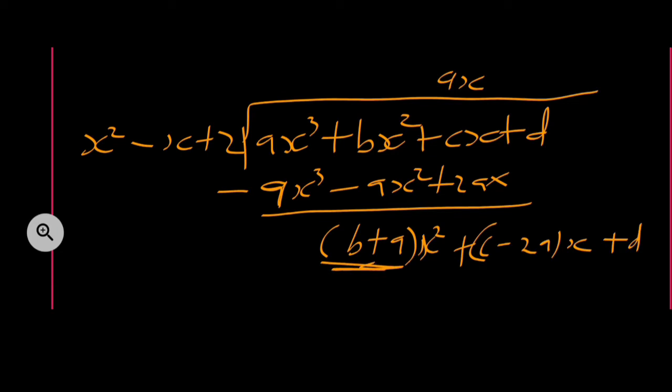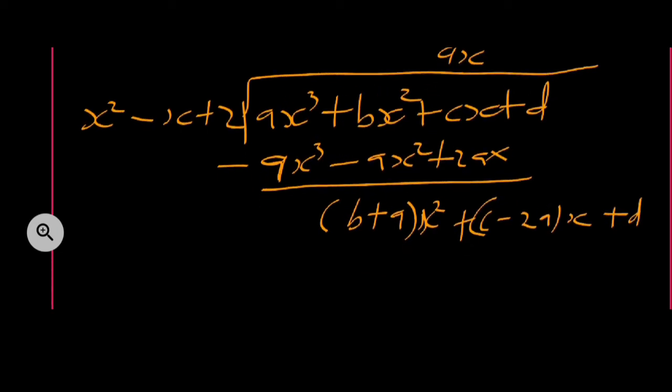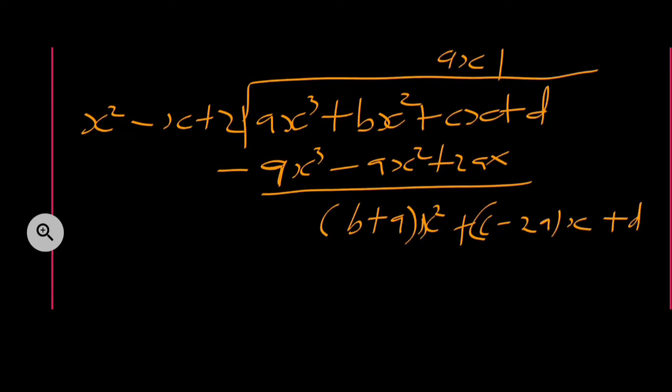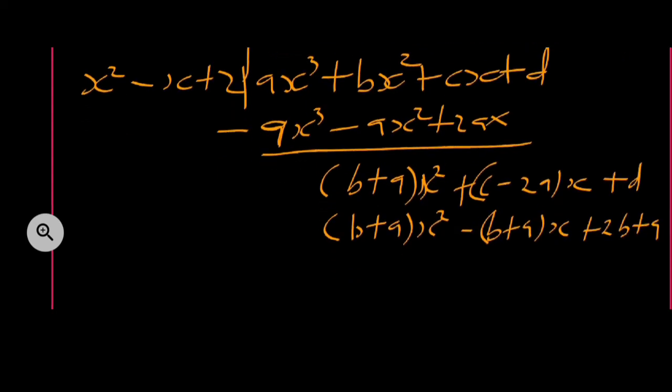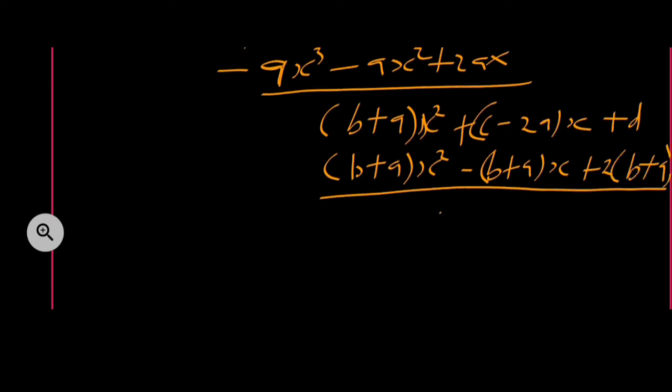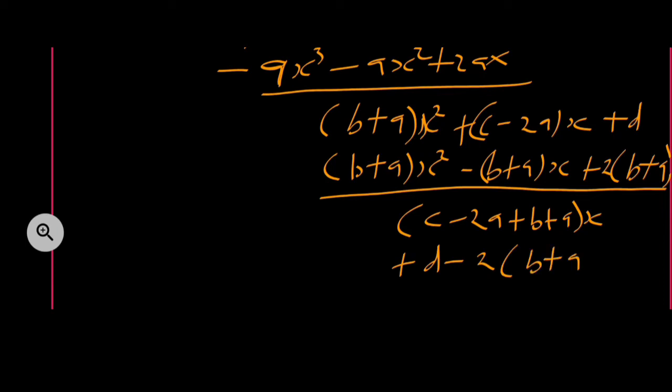To make b plus a, what we are going to do now is to multiply the divisor by b plus a. Now if we do that, we get b plus a x squared minus b plus a x plus 2 times b plus a, and if we subtract, we'll get c minus 2a plus b plus a x plus d minus 2, open bracket, b plus a.